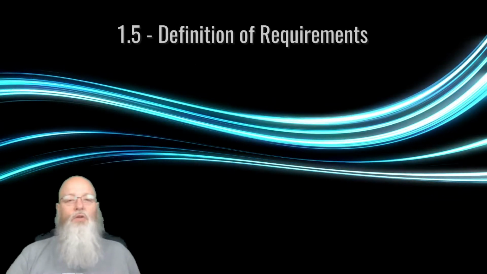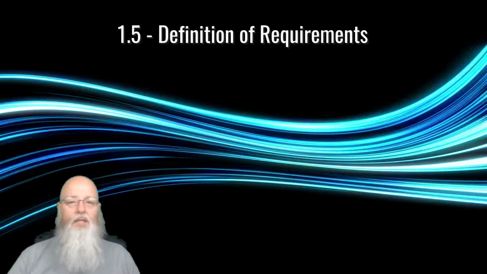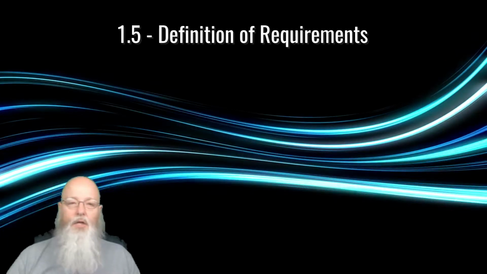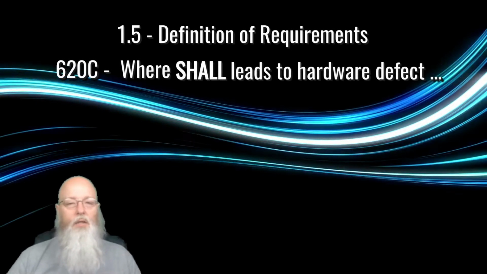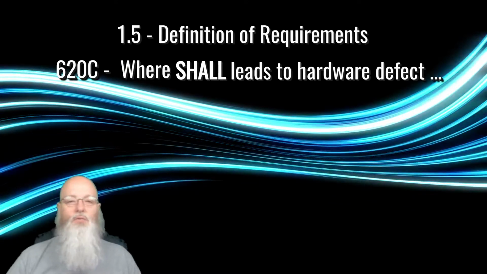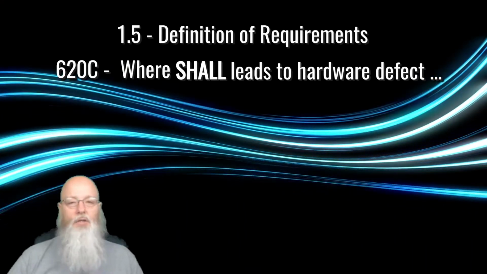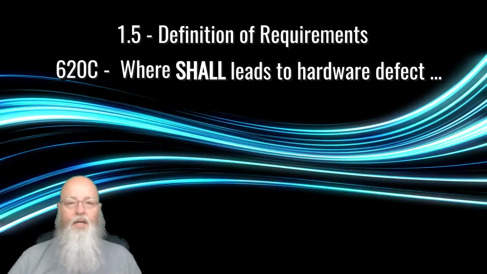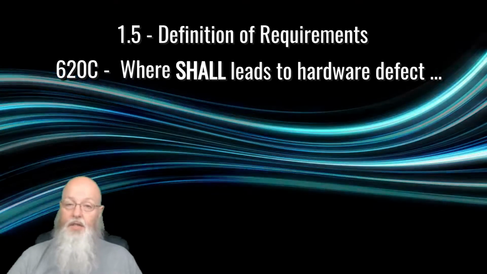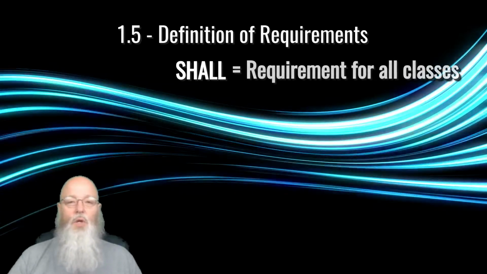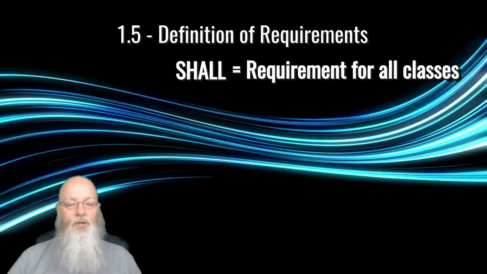In section 1.5, the previous revision had a statement that was a little confusing. In Rev C document, it said where the word shall leads to a hardware defect for at least one class, the requirements for each class are in brackets next to the shall requirement. This statement did not clearly indicate that the word shall is not just for hardware defects. The word shall indicates that there is a requirement for any viewed condition.